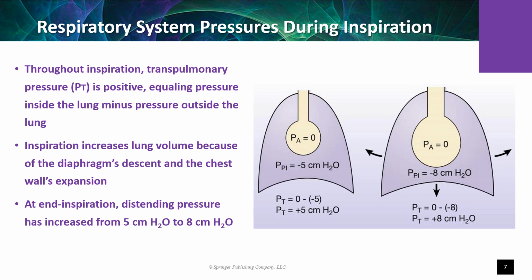At the end of normal inspiration, the external intercostal muscles are contracted, pulling the chest upward and outward, and the diaphragm is contracted, descending and lengthening the thoracic cavity between the neck and the abdomen. The volume is then increased to the functional residual capacity plus the tidal volume, and the distending pressure on the lung has increased to 8 centimeters of water.